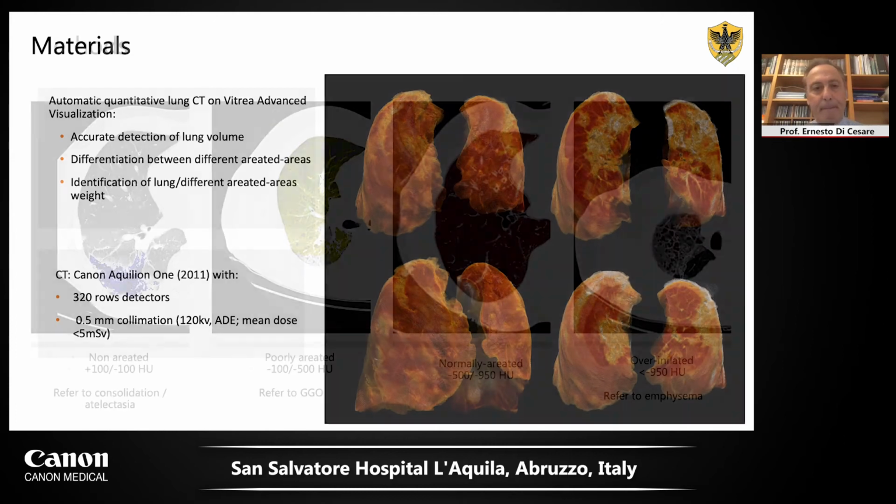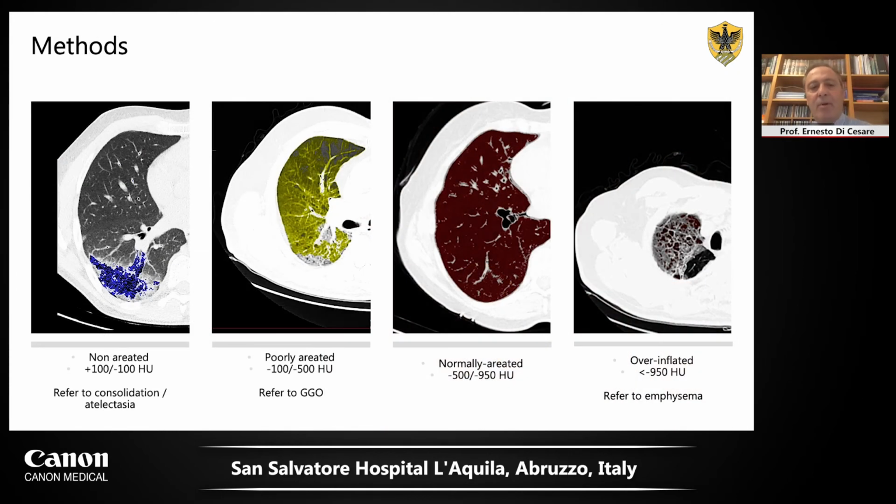We were able to differentiate the non-aerated areas, between plus 100 and minus 100 Hounsfield units, which were referred to as consolidation or atelectasis, because we were unable to differentiate between alveolar filling and the collapse of pulmonic parenchyma.